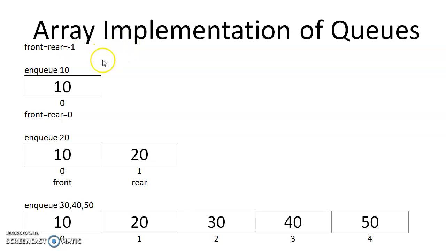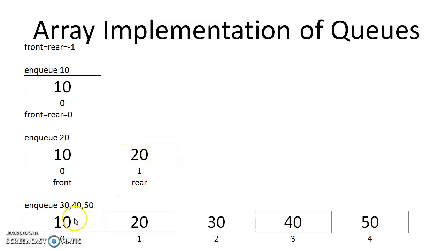Whenever I want to insert an element 10, that is, I am implementing the enqueue operation for inserting 10, the front and the rear become 0, because this is the first element of the queue and also the last element of the queue. Whenever I want to insert 20, the rear is incremented by 1, that is, rear equals rear plus 1, and I insert at that position. This is the front of the queue, and this is the end of the queue.